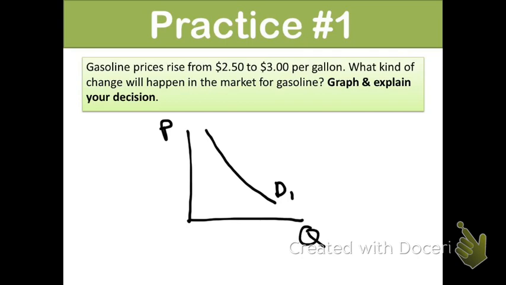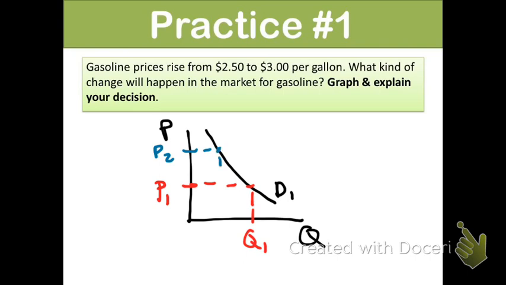And so the first 3 words are most important here. Gasoline prices rise. So I know that my starting point for price, to figure out what happens here, I'm going to start with P1, and I'm going to have Q1 right here. And if prices rise, that means my P2 is going to be higher than P1.